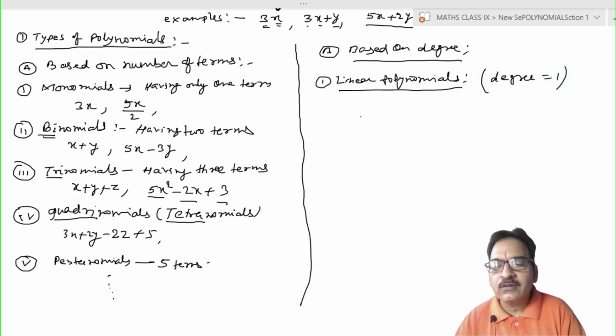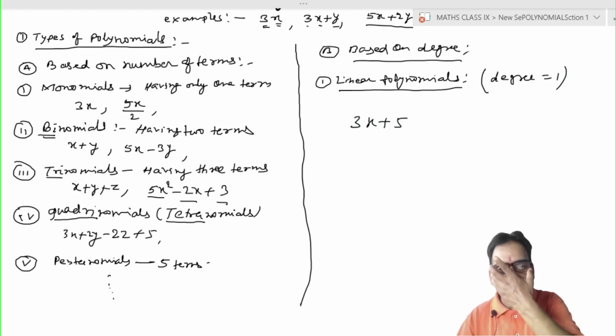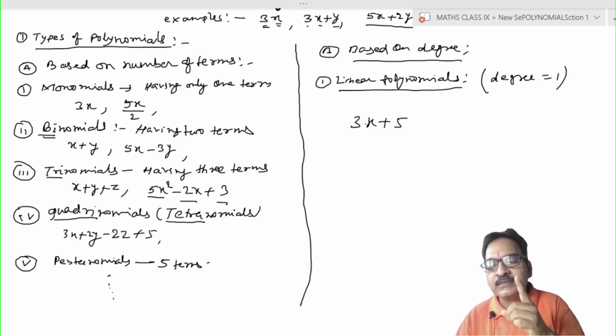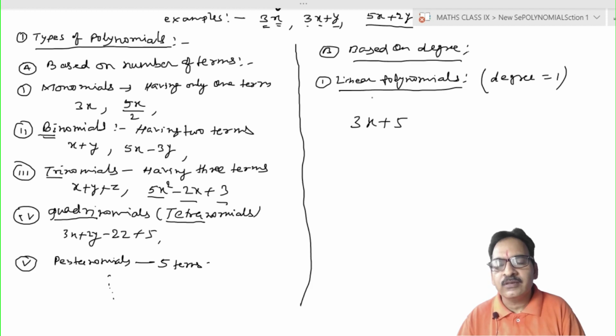You will understand just now. If we take an example like 3x plus 5, what is the variable here? The variable is x, and the variable has power 1. So this is called a first degree polynomial, and it is a linear polynomial.